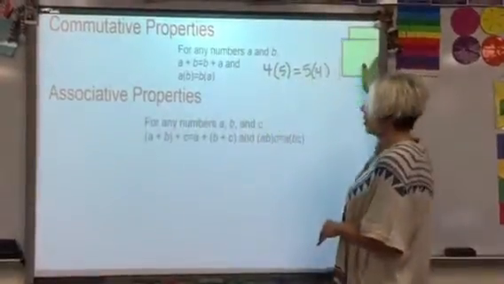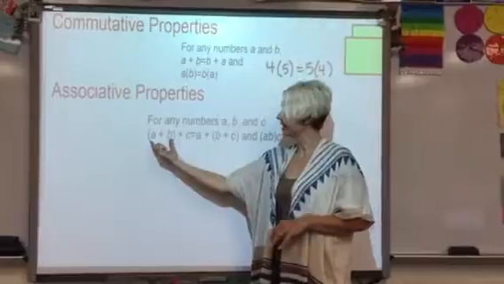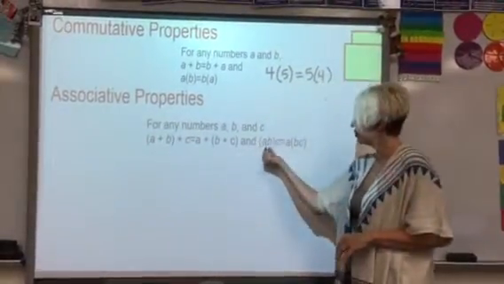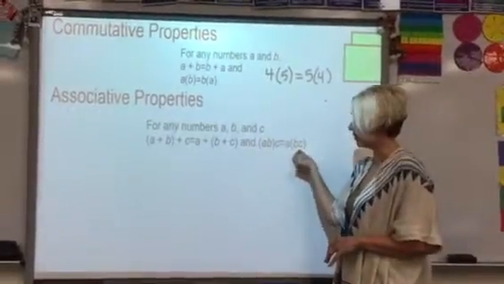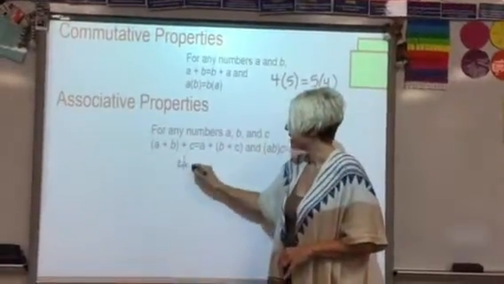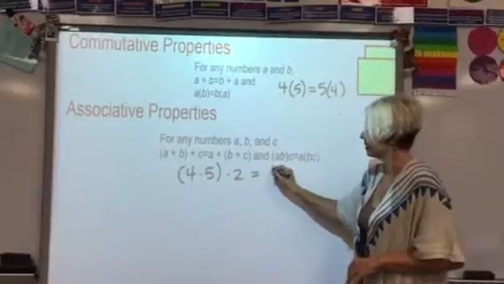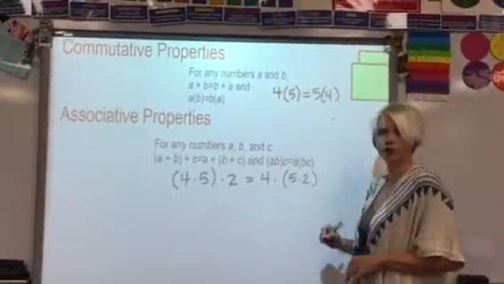Associative properties are when you have groups. So here I've grouped 2 addends, and here I group the other 2, but yet I get the same result. Here I have 2 factors, and on the other side I have another 2 factors. So in associative, if I do multiplication, I could take 4 times 5 first and then multiply by 2, and that would be the same as 4 times the product here of 5 times 2.